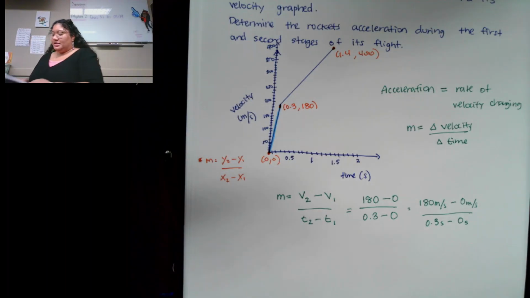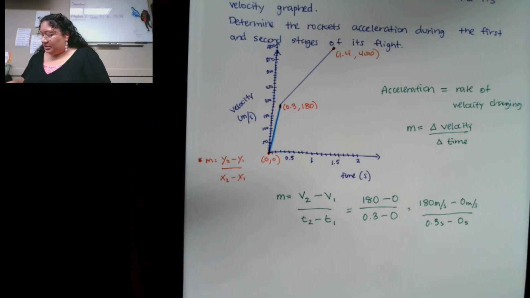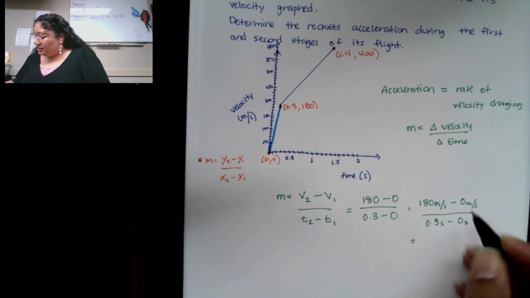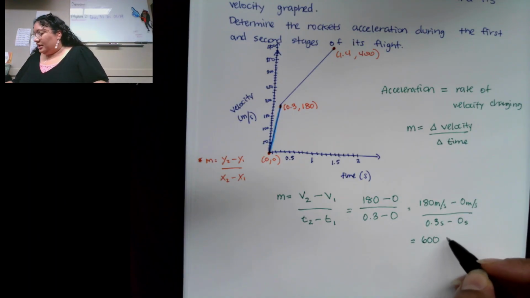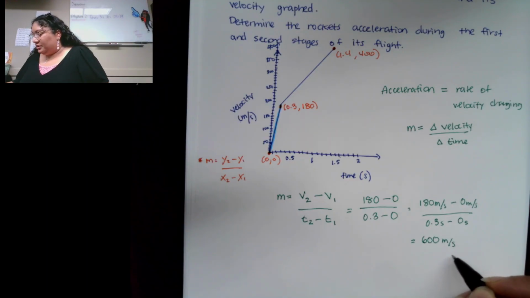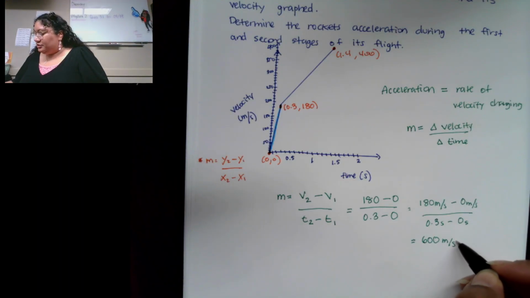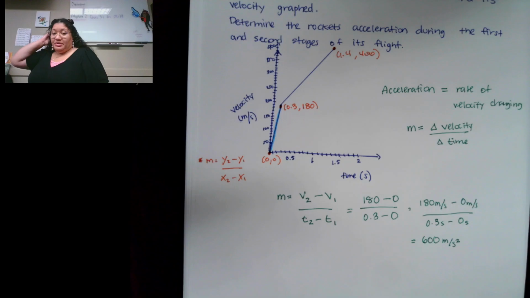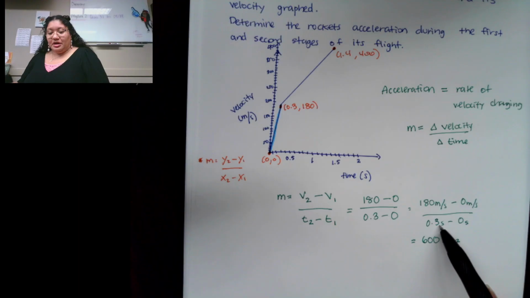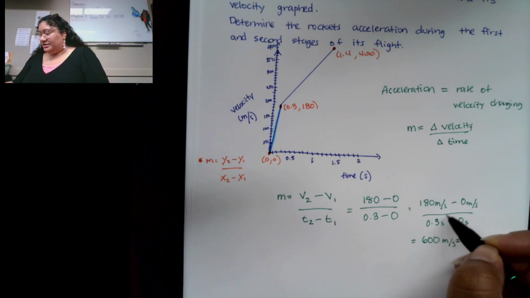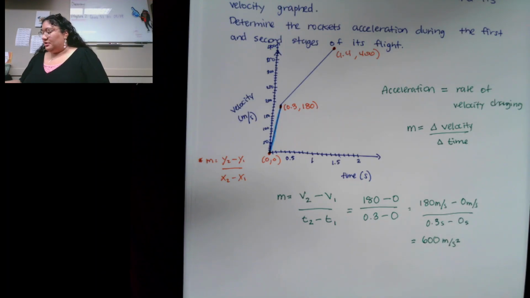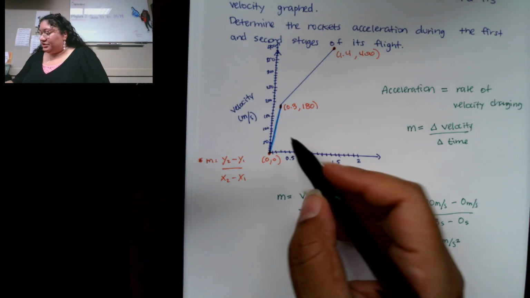I get 600. Now, based off of my units, I have meters per second squared. Since this is on the denominator as well, it would be the same as seconds times seconds. Okay? So that's my first line.